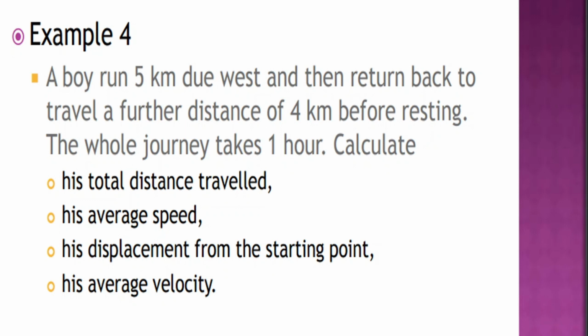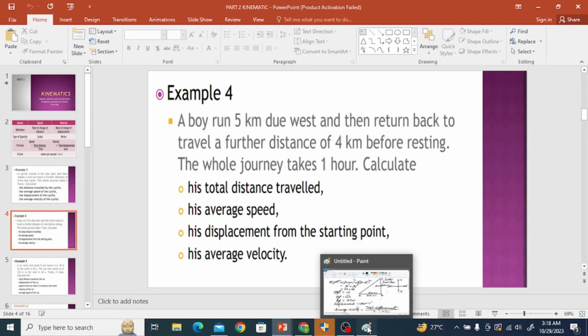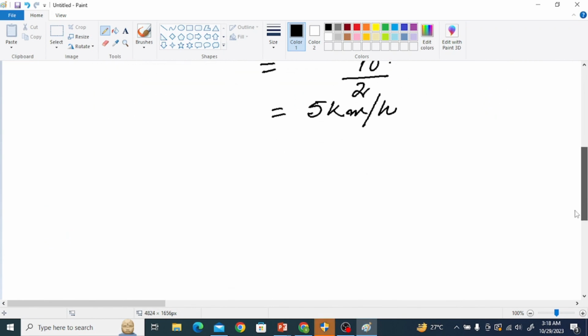Now for displacement from the starting point. As you can see, first the boy moved 5 kilometer due west and then returned back to travel a further distance of 4 kilometer. In this way, the resultant displacement by the boy is first 5 kilometer due west.